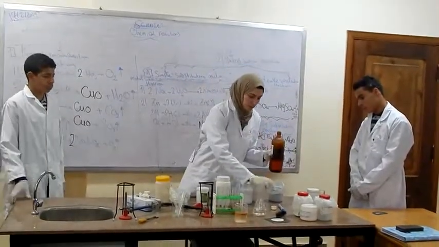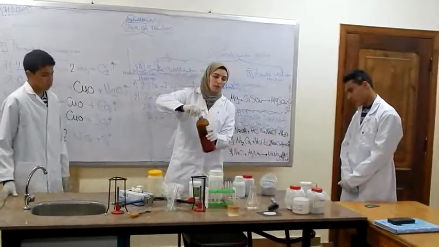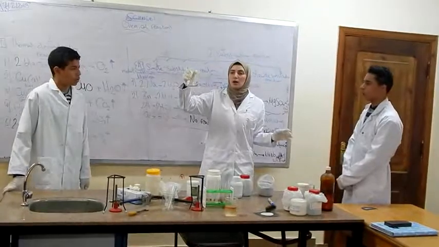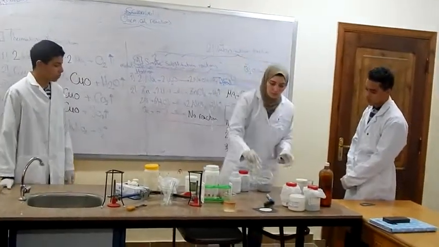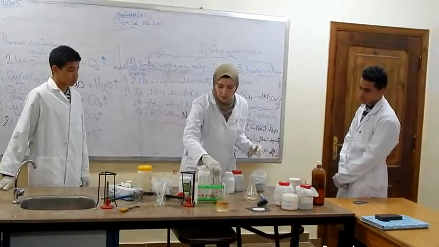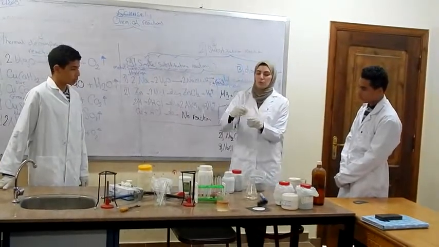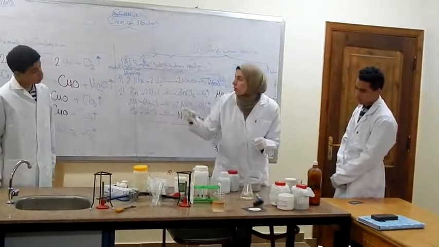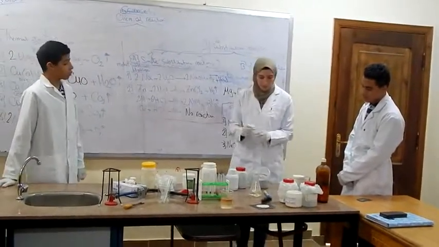Okay. Now we have diluted hydrochloric acid. Now let's make the first reaction between metal and hydrochloric acid. The first metal is zinc.